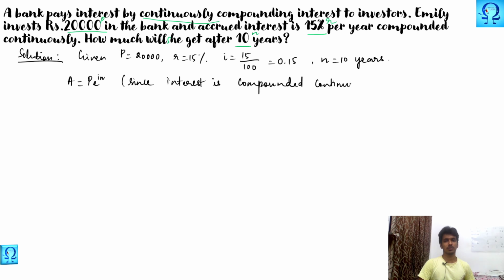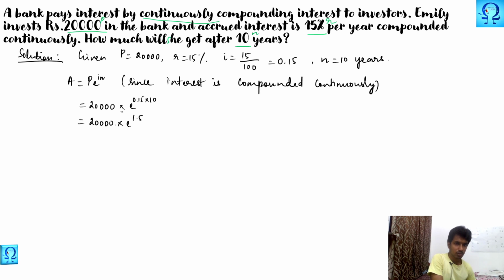So this is what we have. We shall substitute the given information into it. We'll have P is 20,000, and I is 0.15 and N is 10, which is going to be 20,000 times e to the power 1.5. So we shall calculate what is e to the power 1.5.